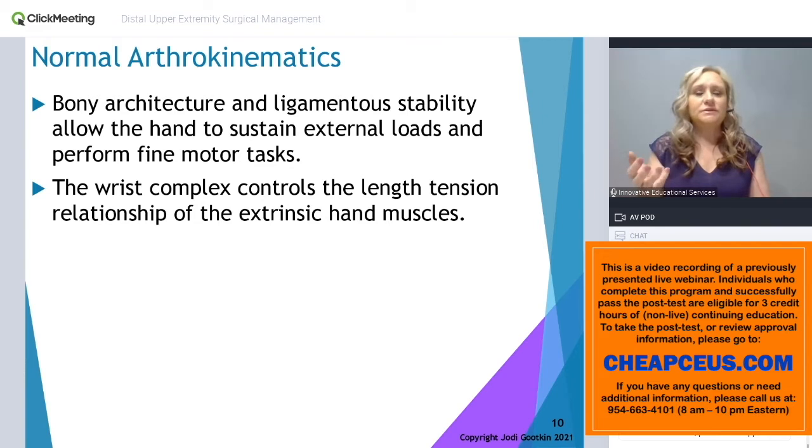And then they also need to balance the forces of external loads that may be distractive when we are grabbing onto objects and carrying things. So the carpals play an important role in allowing that alignment, and then because many of our muscles attach in that region, they also allow for appropriate length tension relationships to generate appropriate force.